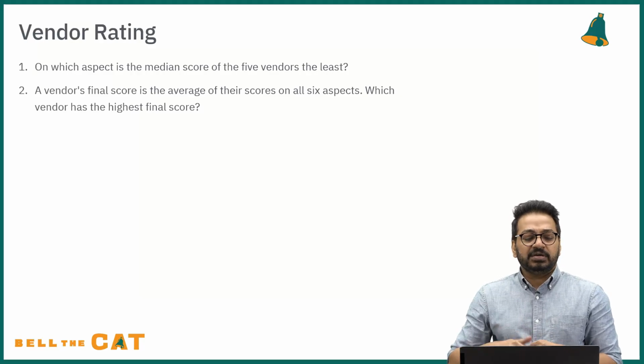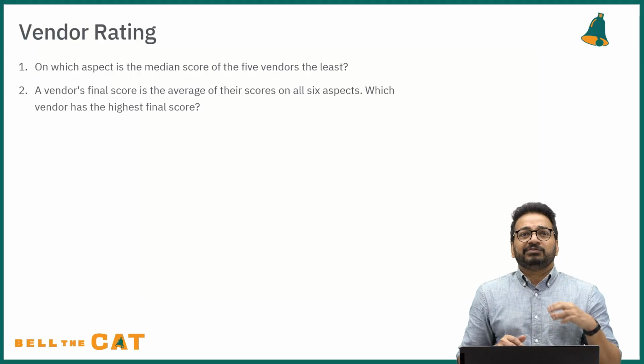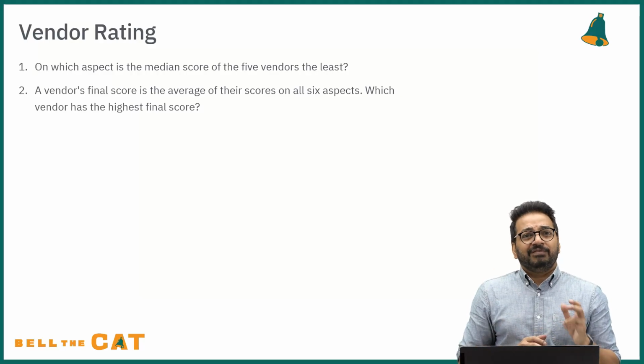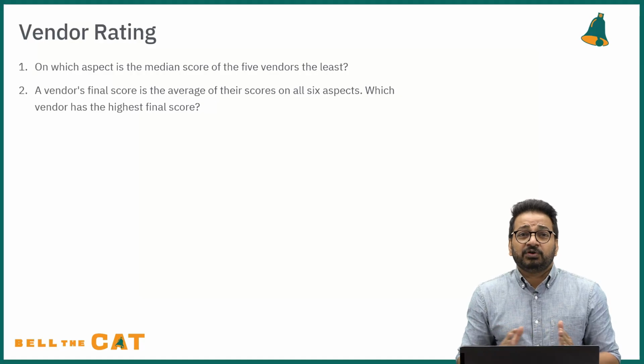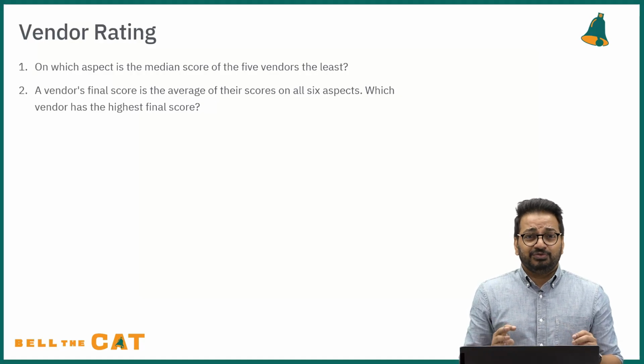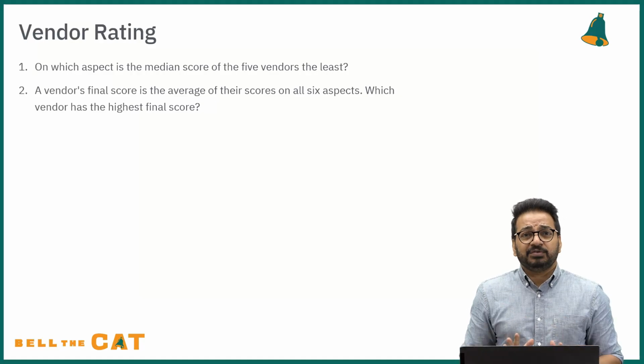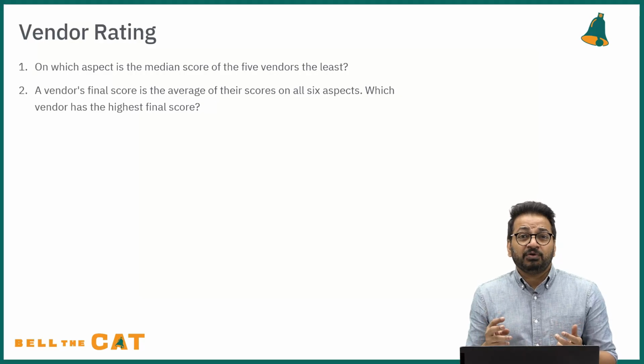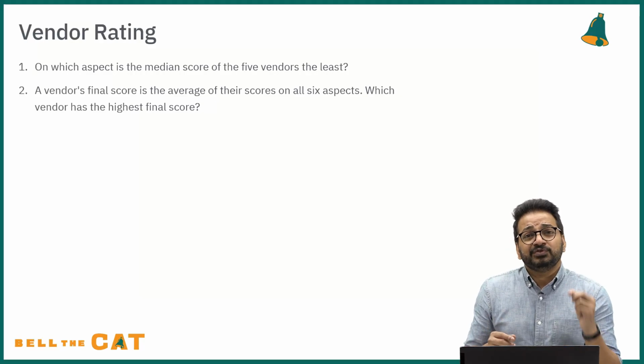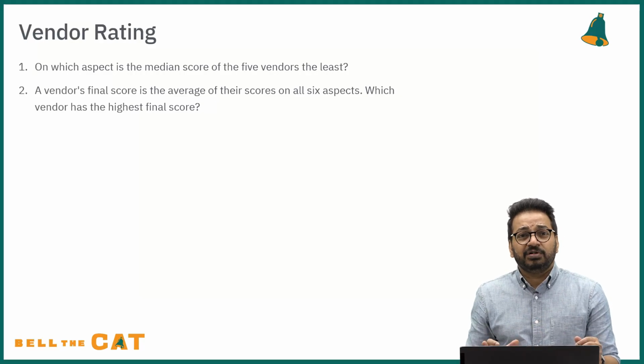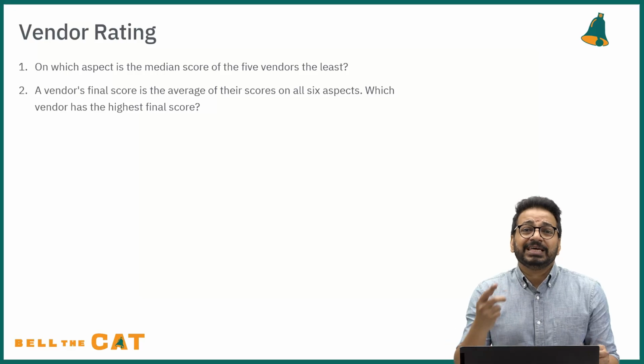Which vendor has the highest final score? Now the options are 4, while vendors given are 5, which means you don't need to calculate all the values for all the vendors. So only 4 values. But keep it for now. You can also choose to decide that if on this question I need to calculate all the values, maybe I can leave this question.